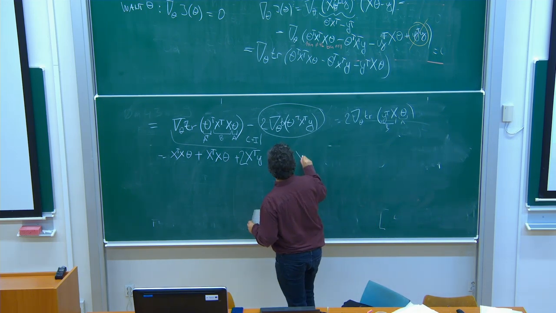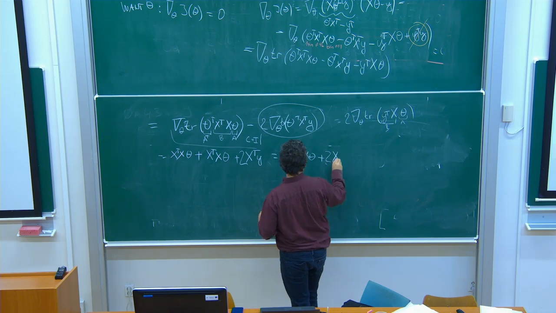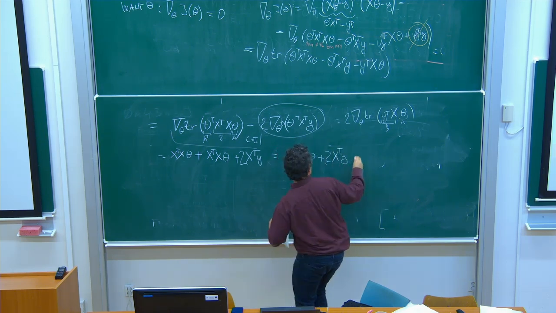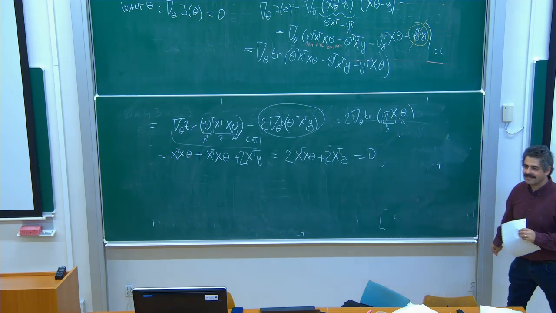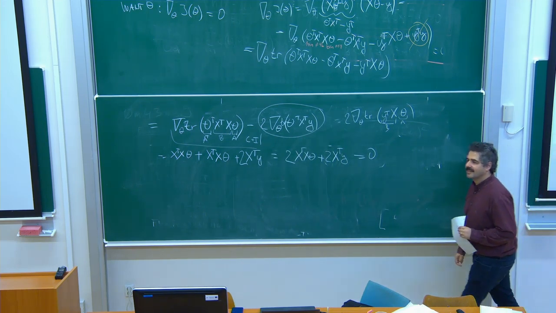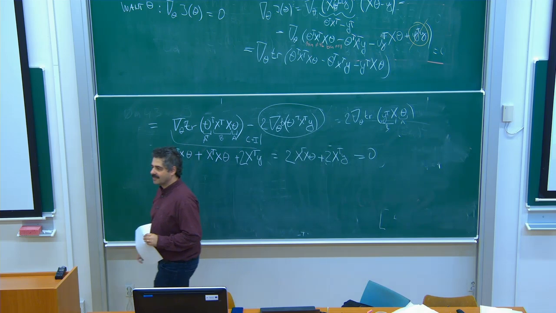So I have 2 times X transpose X theta plus 2 times X transpose Y, and that should be 0, right? Yeah? There should probably be minus 2 X transpose Y.